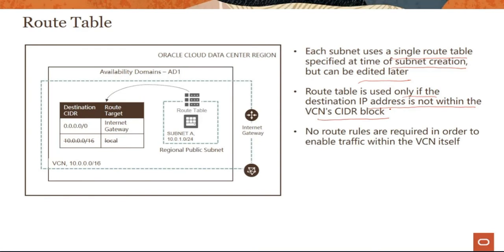What that means is you don't require any route rules in order to enable traffic within the VCN itself. As you can see in this graphic, there is no local rule required for routing traffic within the VCN itself. It's done implicitly. You really don't need to write a rule like that.